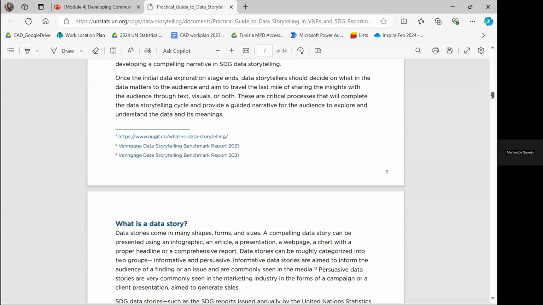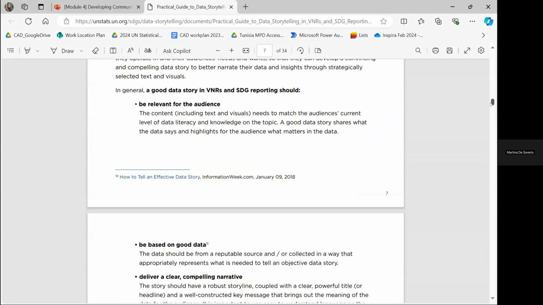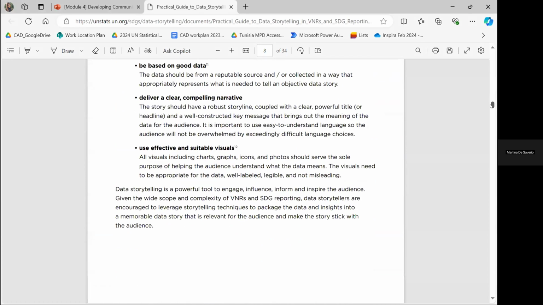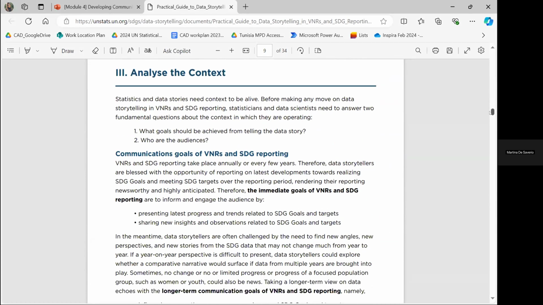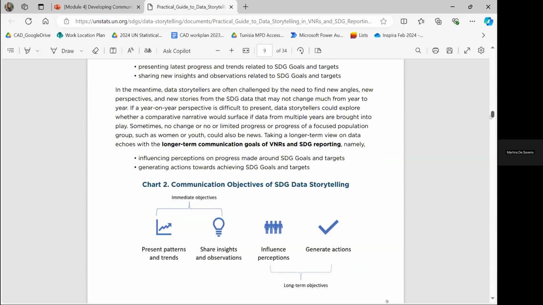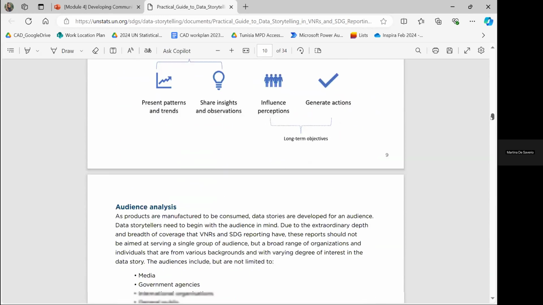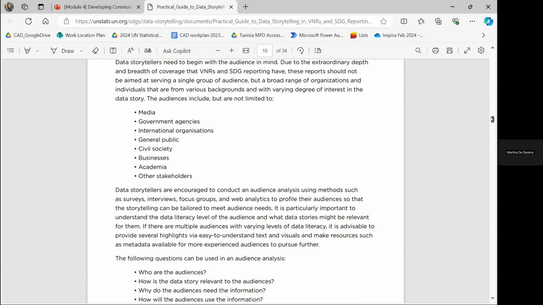It's powerful because it has a lot of useful information to develop your story, but it also has some links that you can follow to explore more content and more information. You have all the process to develop a story, the analysis of the audience.